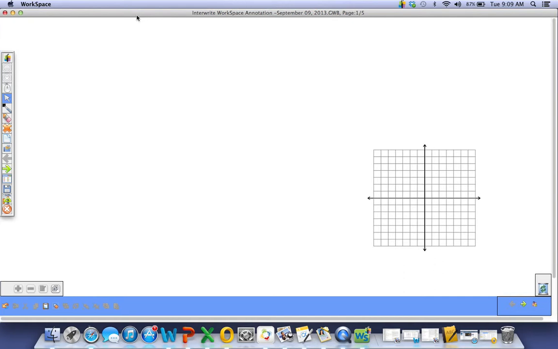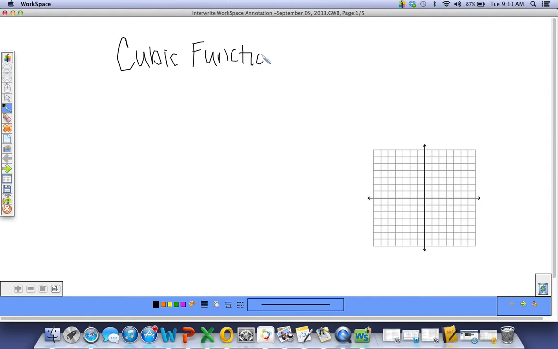Alright, our next function that we're going to talk about is what we call the cubic function. The parent function of the cubic function is f of x equals x cubed.